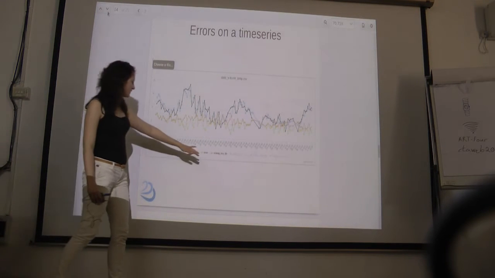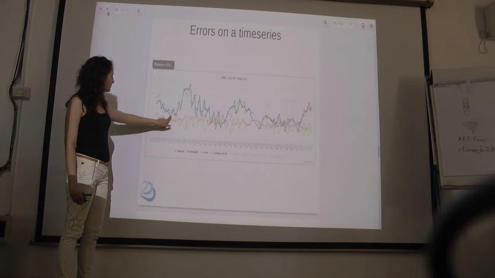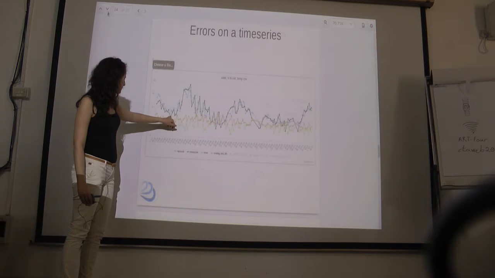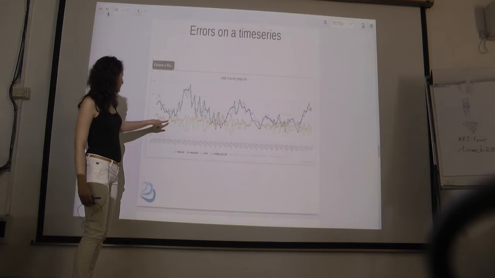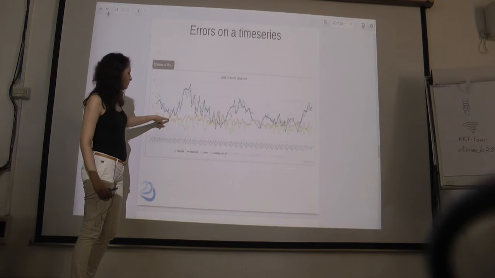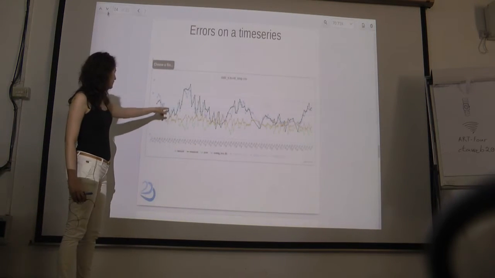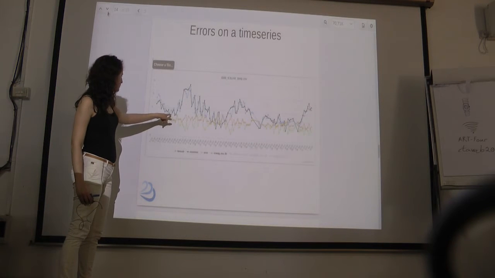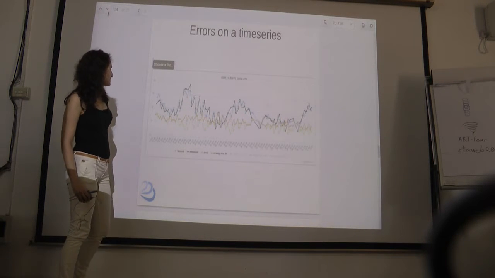And the running root mean square error means that for a particular point you have a root mean square error calculated over a time series of the length of your window. In this case there is a 6-hour window, so the value for this point is the root mean square error of the last 6 hours.